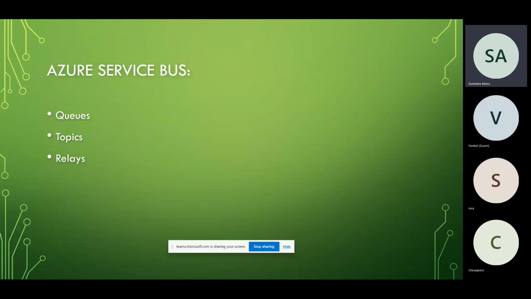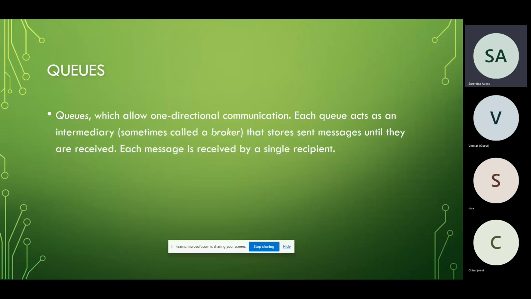Okay. So let me give a recap of what we have discussed. In the previous session, we talked about the messaging service available in Microsoft Azure, that is your Azure Service Bus namespaces, under which you have three categories of messaging services: queues, topics, and relays. Queues are used for one directional communication, where it works as an intermediary.